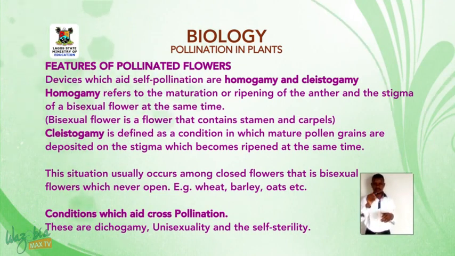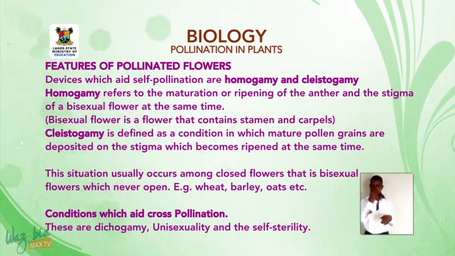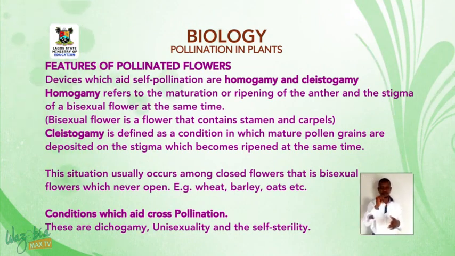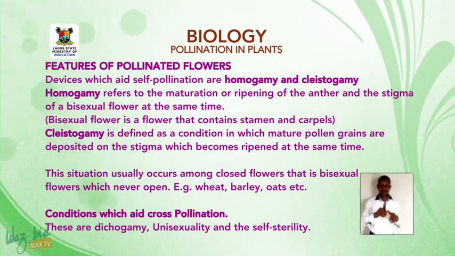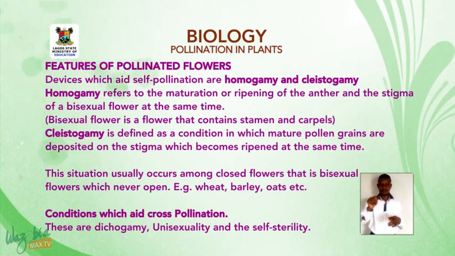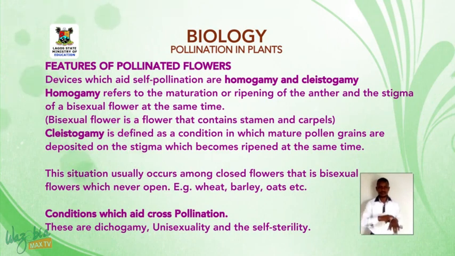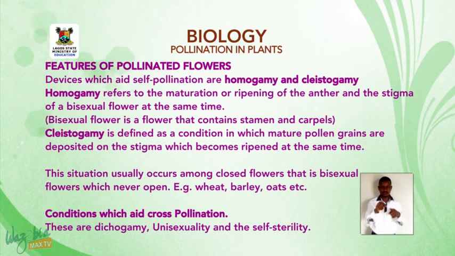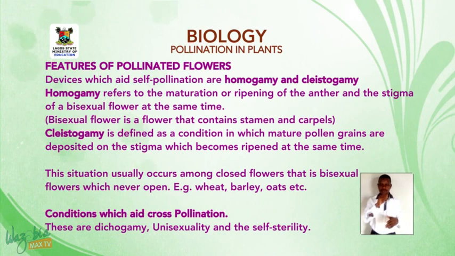Now let's discuss cleistogamy. Cleistogamy is defined as a condition in which mature pollen grains are deposited on the stigma which becomes ripened at the same time. This situation usually occurs among closed flowers, that is, bisexual flowers which never open. Examples are wheat, barley, oats, and so on.